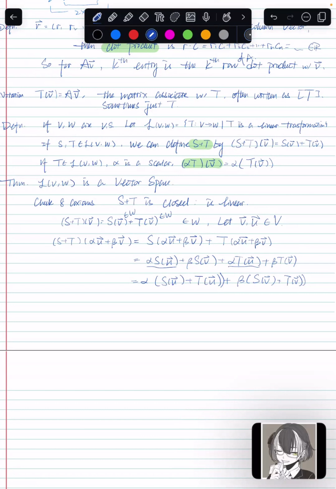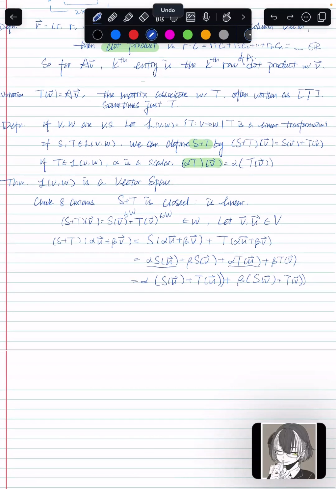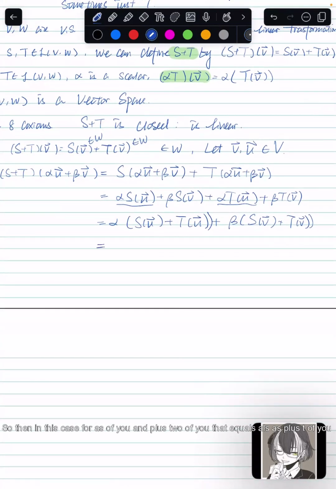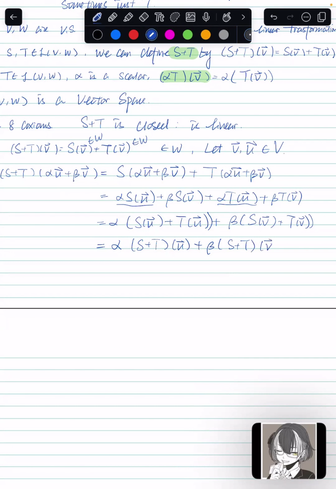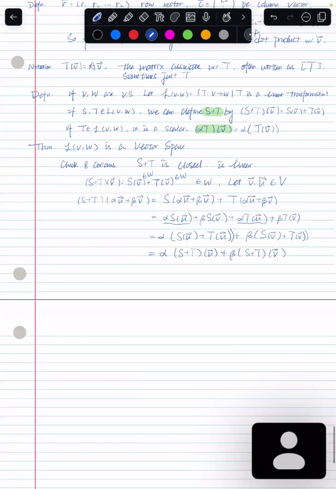So we know that S of V plus T of V is S plus T of V. So then in this case, S of U plus T of U equals S plus T of U. Similarly, that equals beta times S plus T of V. Okay, and this is just what we want to find.